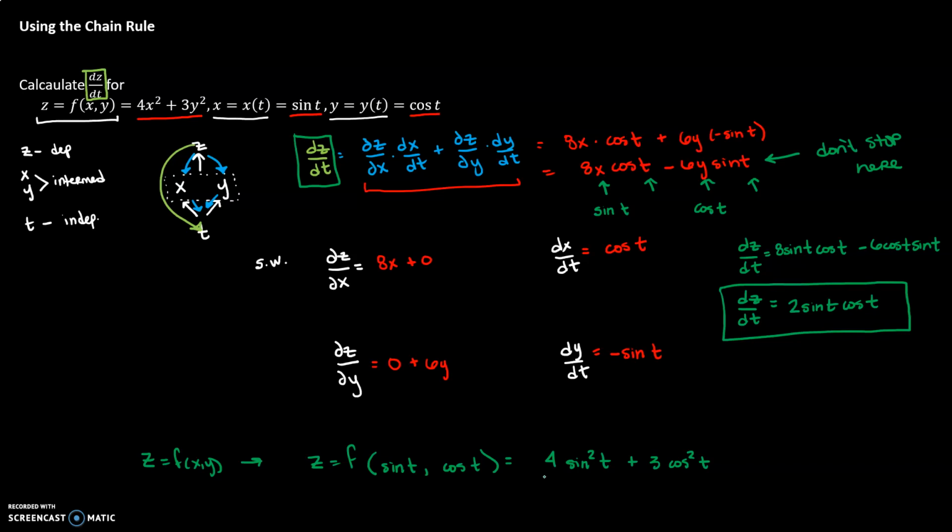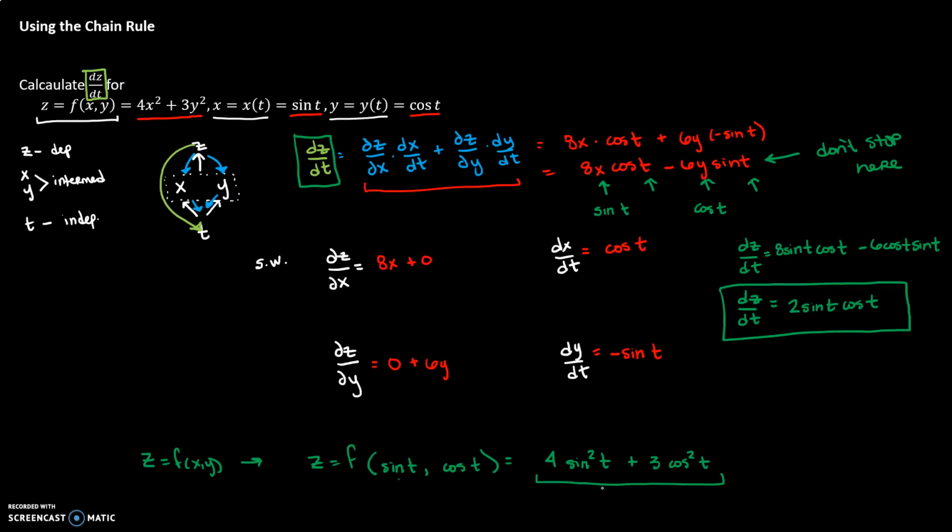What I was saying is, if you do this substitution where you replace x with its definition, sine, and cosine for y, you will create a function of only t. This does not require the chain rule, not in the sense of using a multivariable function with intermediate variables.